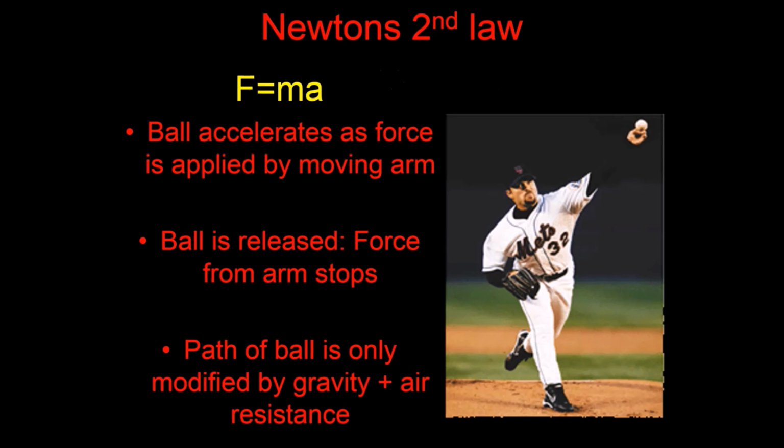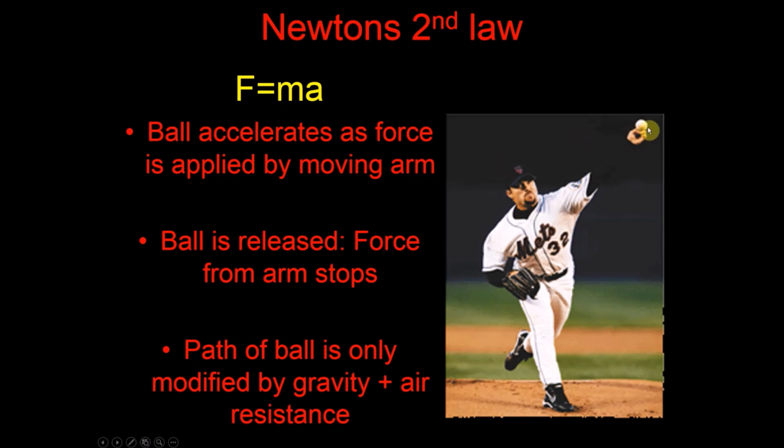Newton's second law, the only one that has an equation associated with it directly, is F equals ma. This is a force is equal to a mass times an acceleration. So if you have a force, you have to have an acceleration. So in this particular case, this man is throwing this baseball. He's accelerating this baseball because the force is applied by his moving arm.